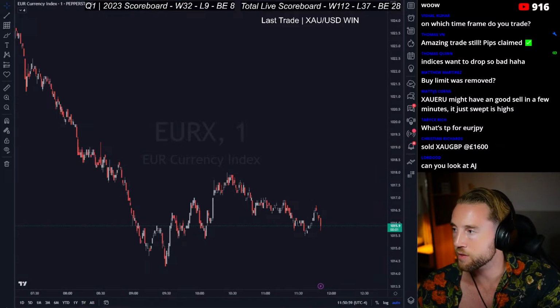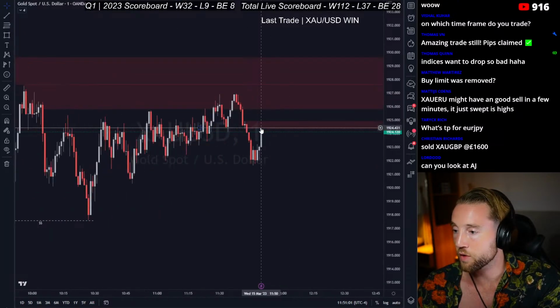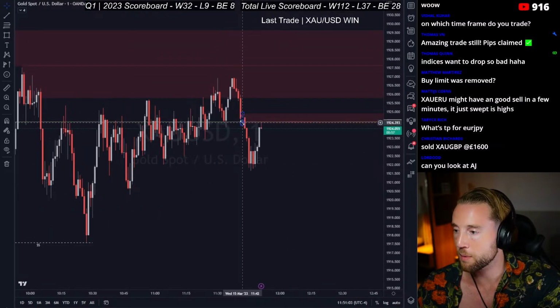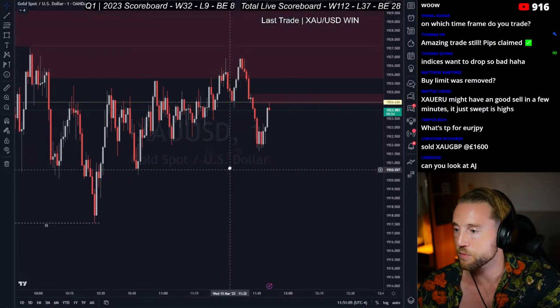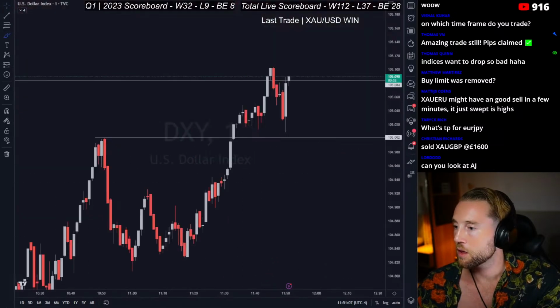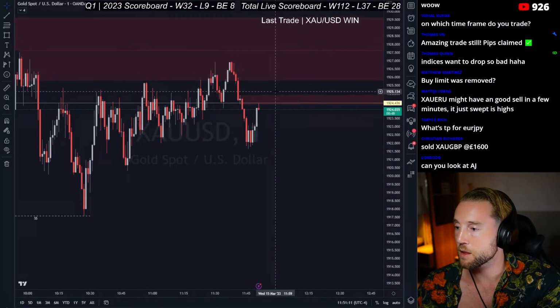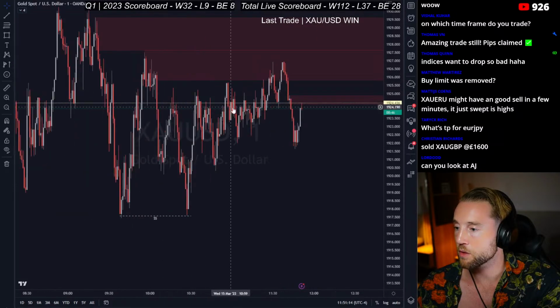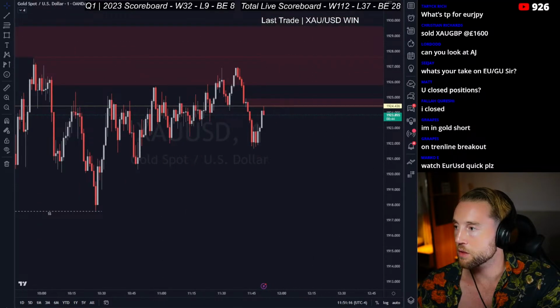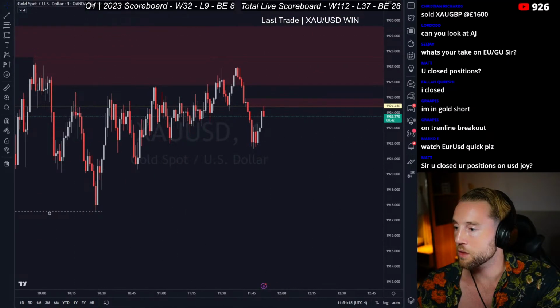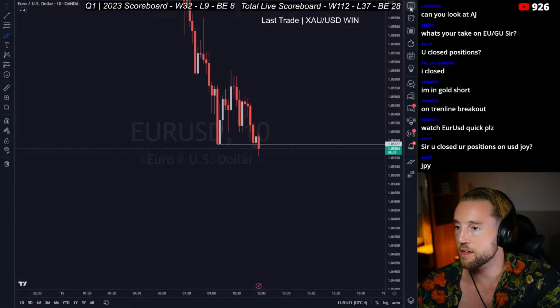Indices want to drop so bad. Yeah, gold came up here. Right, gold came up towards that zone. Dollar pushing again. Indices want to drop really bad.